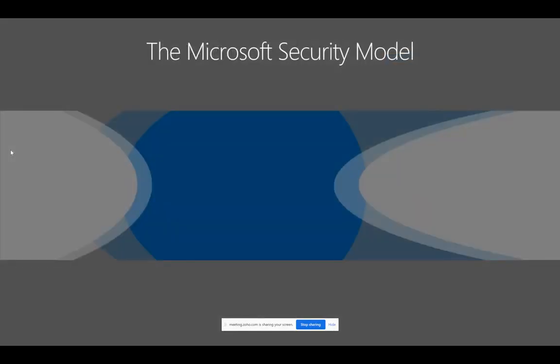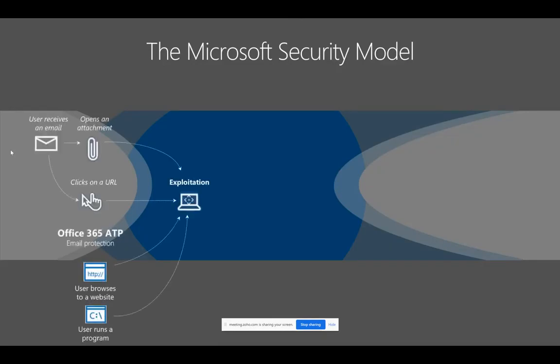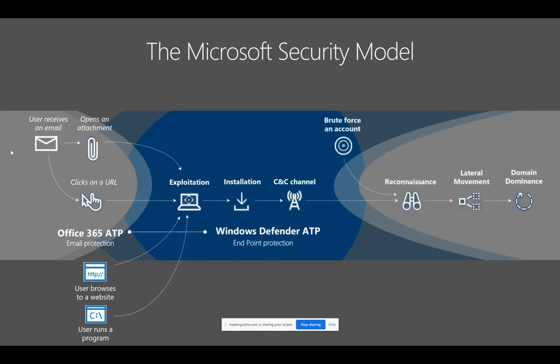So when we talk about the entire security suite, there are securities offered by Microsoft at three layers. One is at the Office 365 layer, which is your Office 365 ATP. Another is offered at your endpoint level, which is the Windows Defender Advanced Threat Protection. The third is at the Azure level, which is the Azure Advanced Threat Protection.